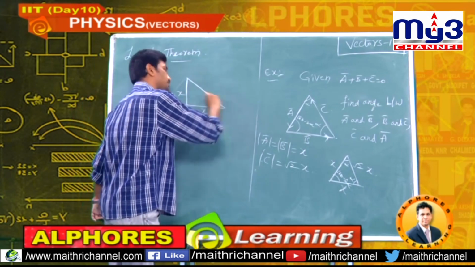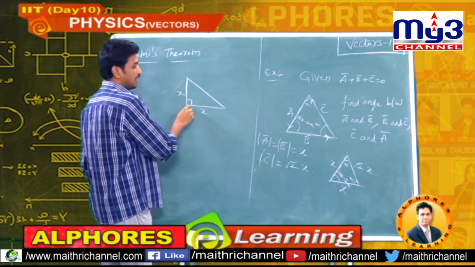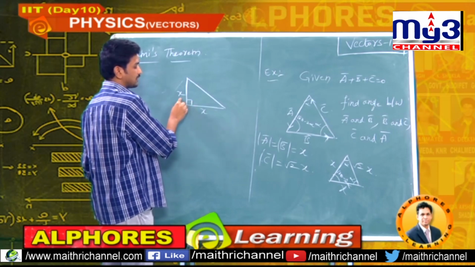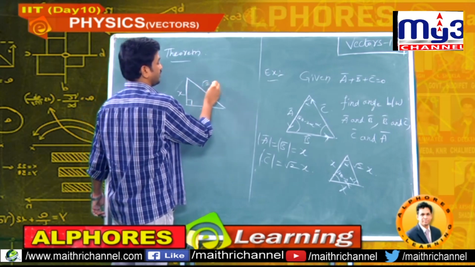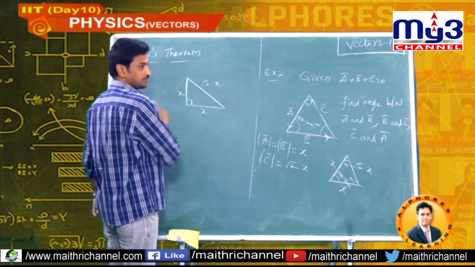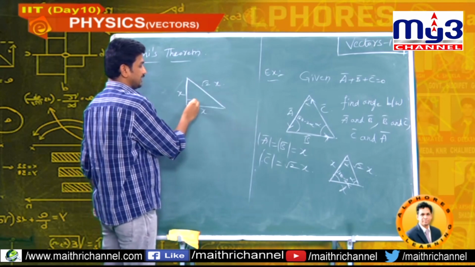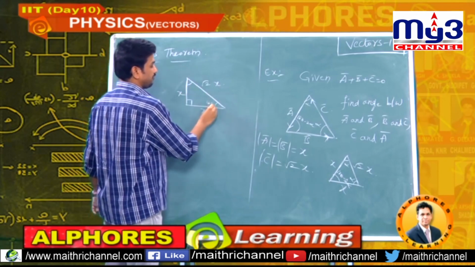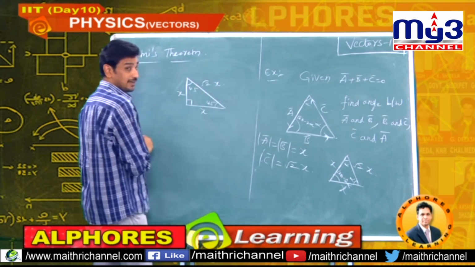Now what about this? 90 degrees. According to Pythagoras law, side square plus side square is hypotenuse square, so this is root 2x. Now this is 90, so these two angles are equal, 45, 45.